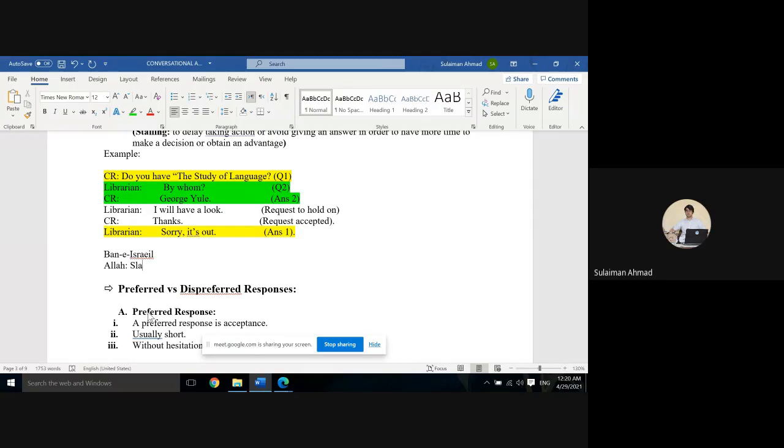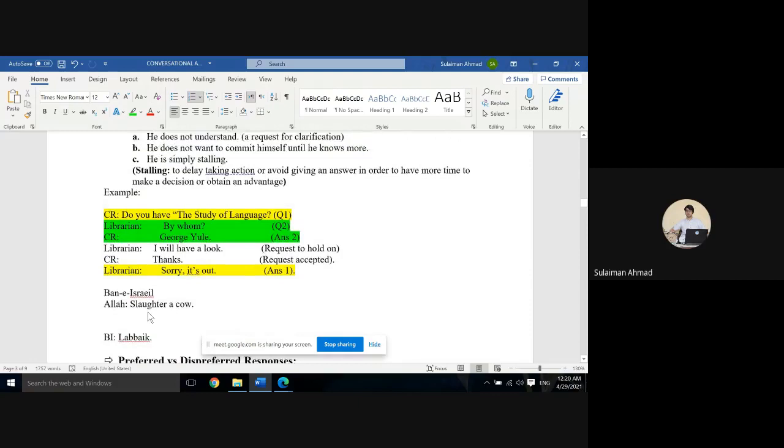Sorry, that was a bilingual slip of the tongue, right? Slaughter a cow, right? Instead of saying labbaik, sure Almighty Allah, we are going to do it, they started inserting sequences because they wanted to know more about the nature of the cow.